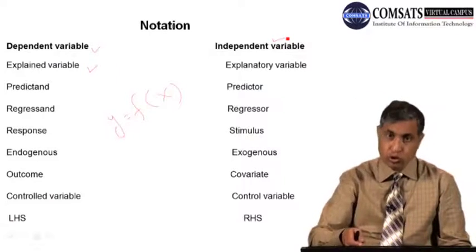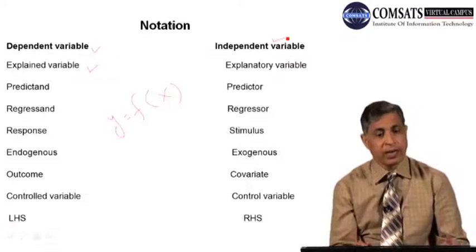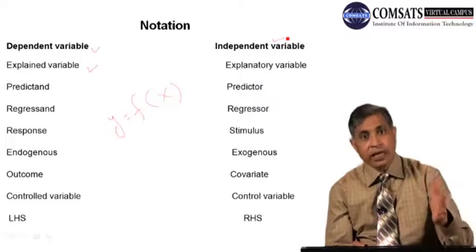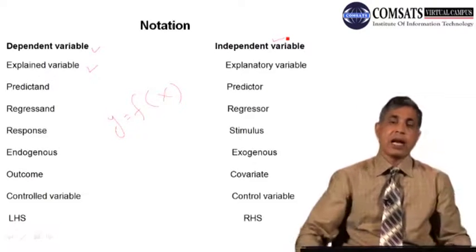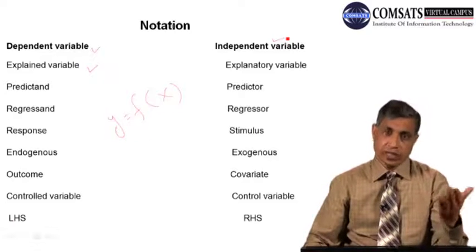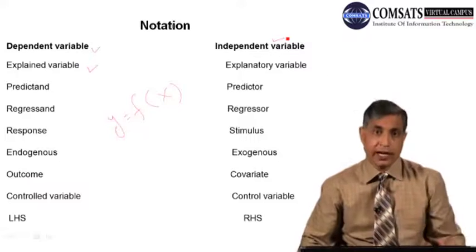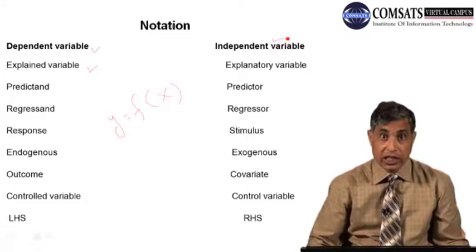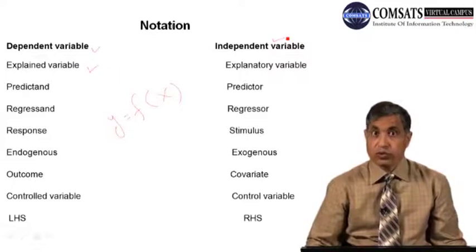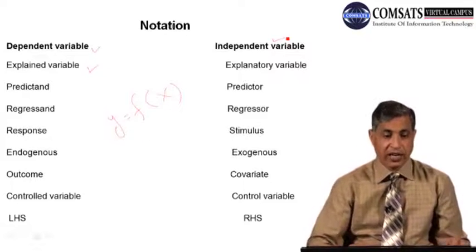We can give many names to the independent variable, and at the same time there are many names for the dependent variable. I will be using any of the names for the dependent variable and any of the names for the independent variable, so it is necessary to give you some glimpse of which name we can call for this.